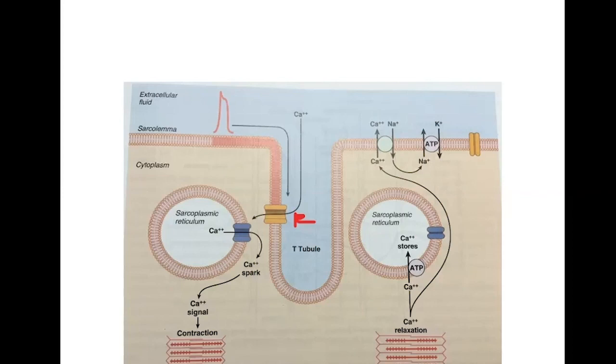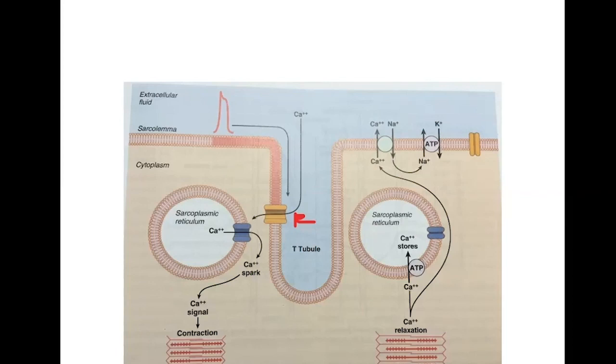The remaining 80 to 90% is coming from the SR. So not all of the calcium comes from the SR. You need calcium in the extracellular fluid. It is critical that you understand this because we're going to be looking at how extracellular calcium levels can influence the heart, the contraction of the heart.